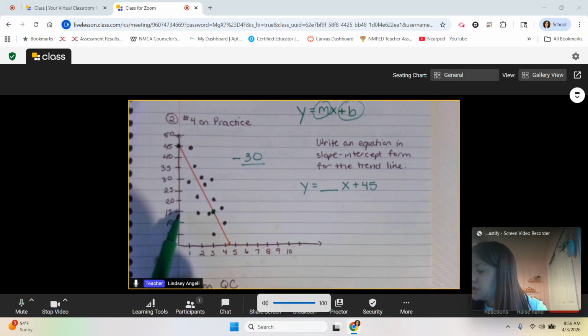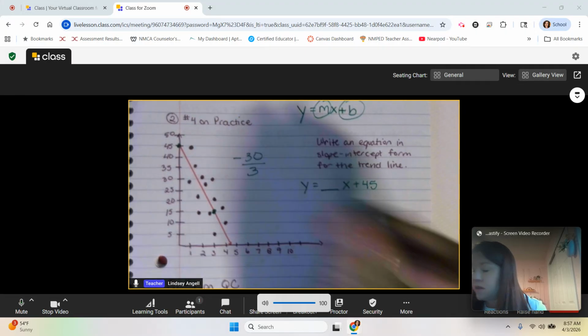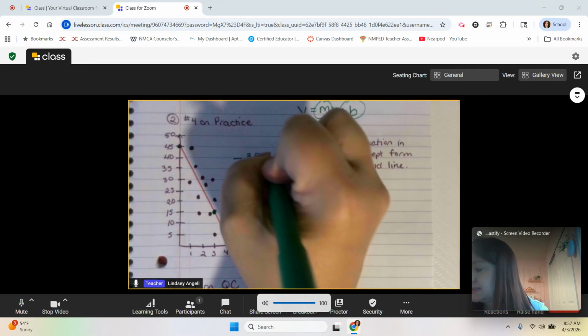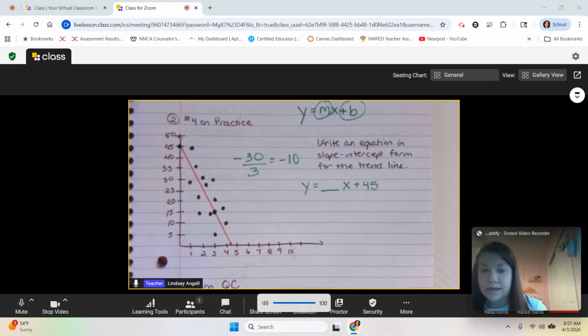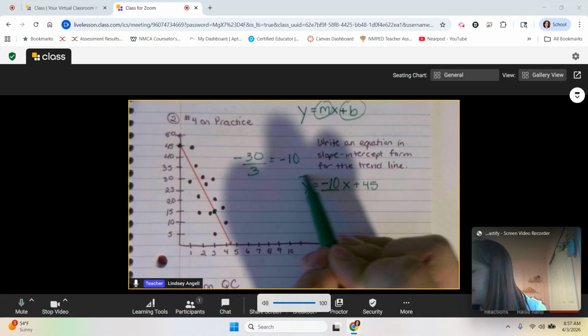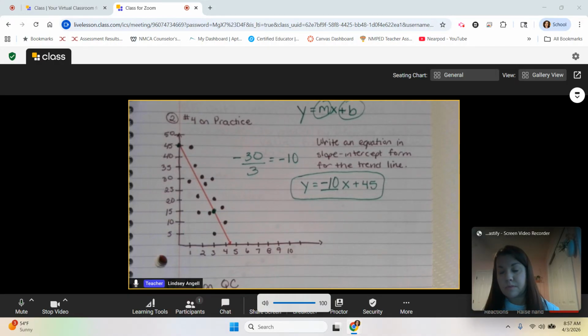And then we're going to the right: I was at 15, we're going to the right 1, 2, 3. That simplifies to negative 10, right? Negative 30 divided by 3 is negative 10. So that's what I would fill in right there, and that's the entire formula. So we're all done.